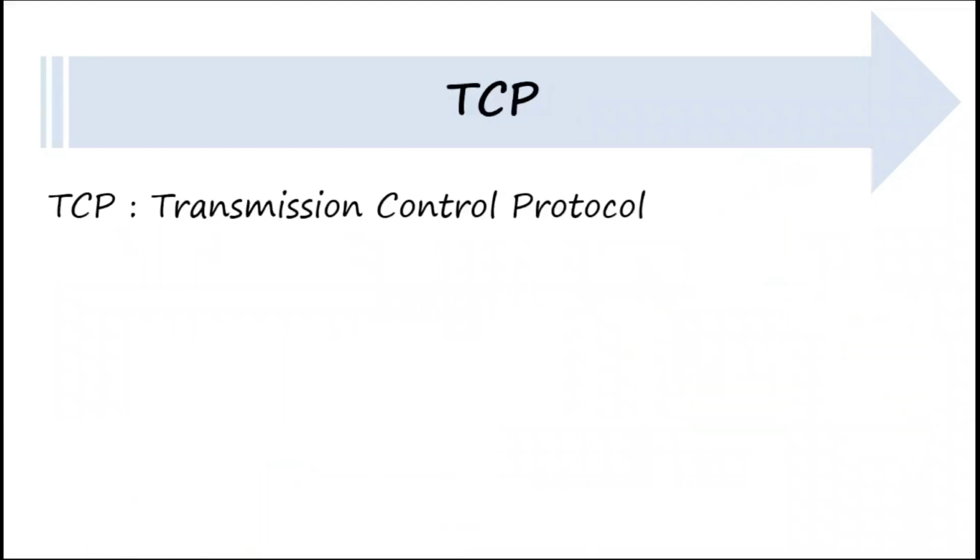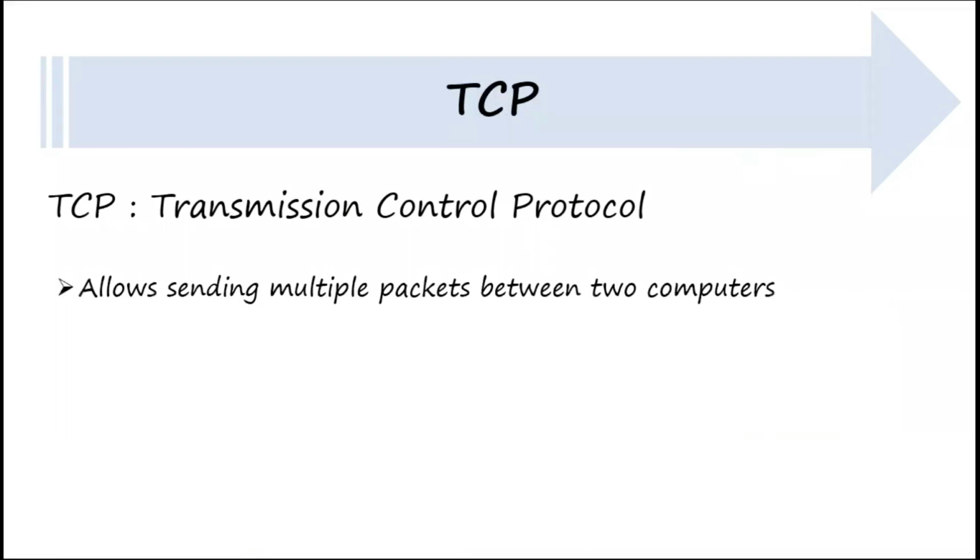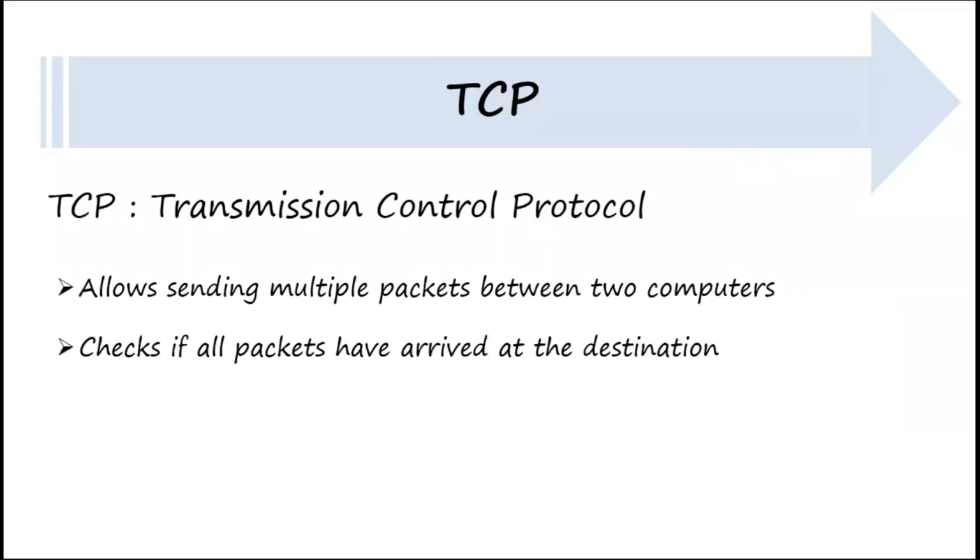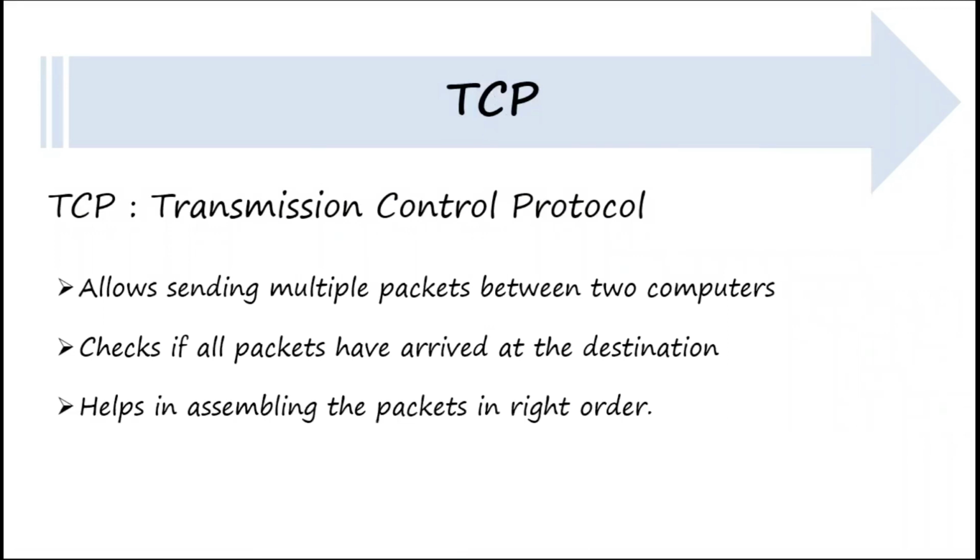So with TCP, we actually add one more thing, which is the packet number. So let me show you an example. What TCP does is it allows us to send multiple packets between two computers, and it checks if all packets have arrived at the destination. It helps in assembly of packets in the right order. So number one, the information can now be divided into multiple packets.